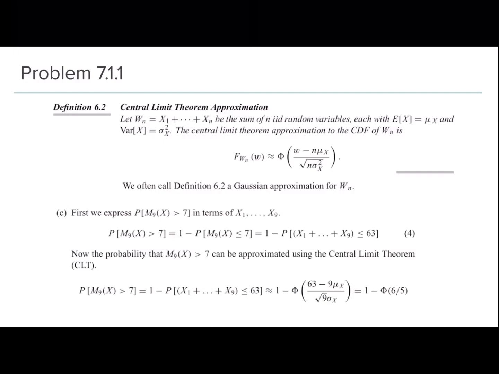Using that formula, 1 minus the probability that W_9 is less than or equal to 63 is equal to 1 minus Phi((63 - n mu_X) / sqrt(9 sigma_X squared)). We know mu_X was 5 and sigma_X squared was 25. Replacing these values, we get 1 minus Phi(6/5).